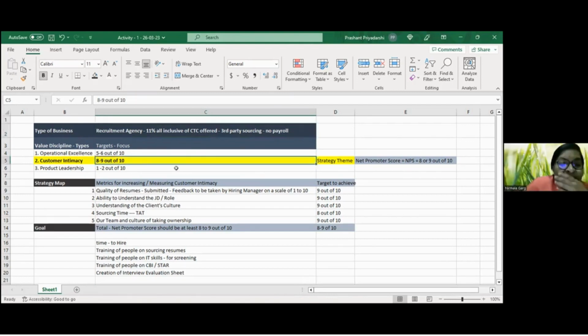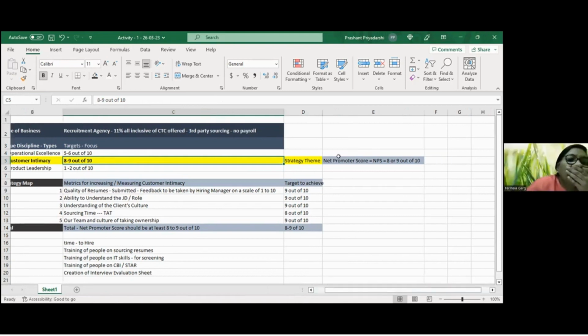The focus is customer intimacy. That means, as I understand, what you want to deliver to your customer is that I will understand your needs, take your needs, then ensure that the yield you get from sourcing is of the highest order, relevant and highest order.